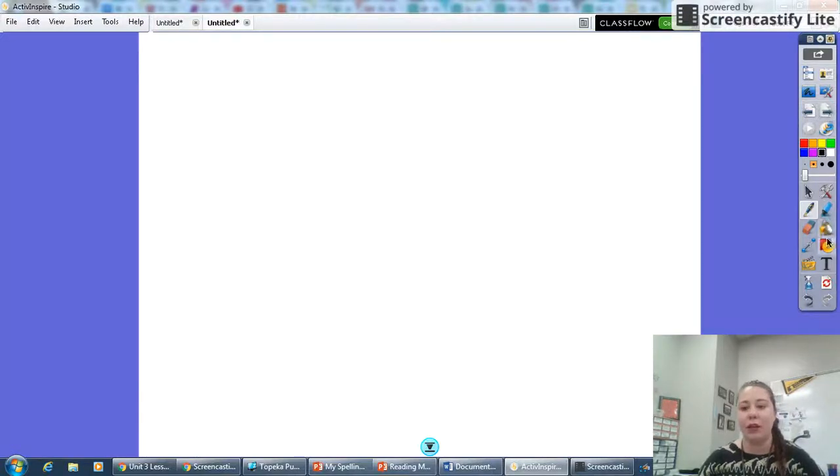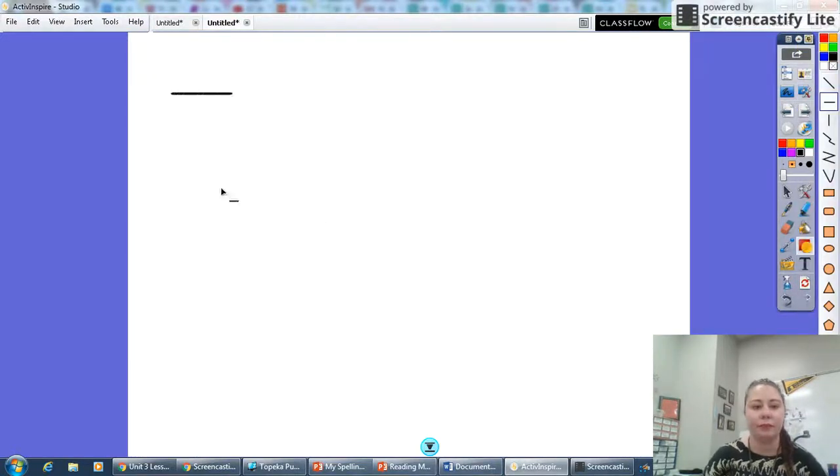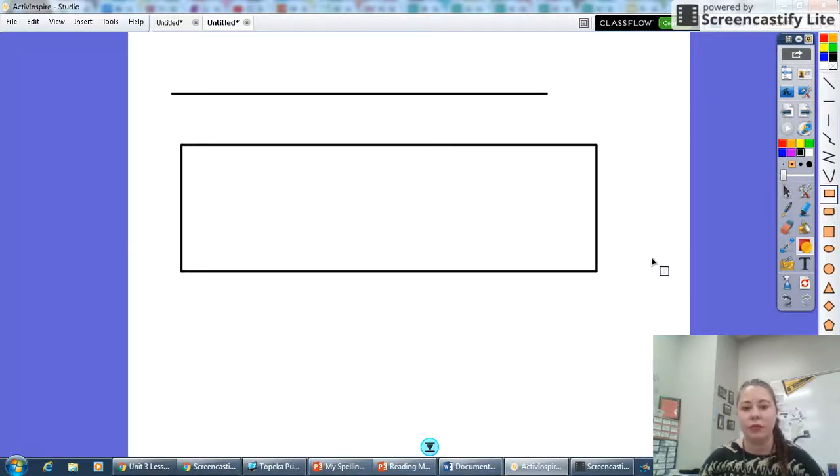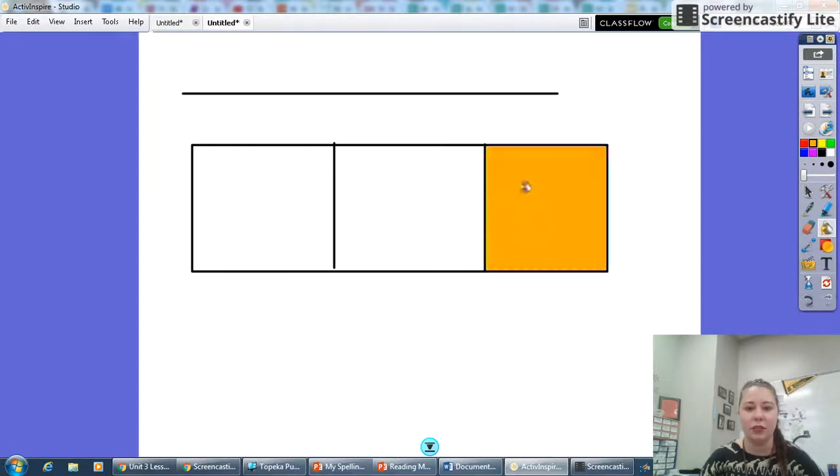So if we look at one more real quick. Oops, it would help if I am using a rectangle. Okay, let's say that I am doing thirds. Okay, I go ahead, I'm going to shade one piece.